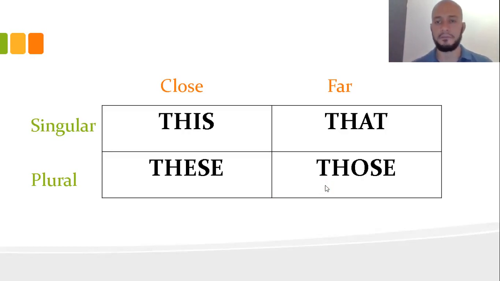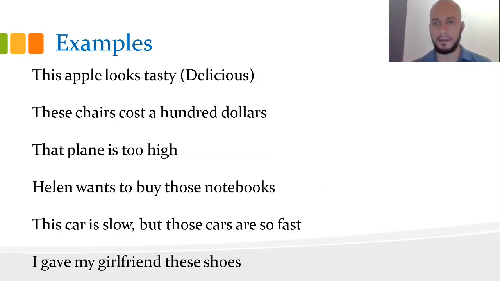Now it's time for you to analyze some examples. We have the following examples. This apple looks tasty. We can also say, this apple looks delicious. As you can see, I am here using a singular noun, apple, only one apple.